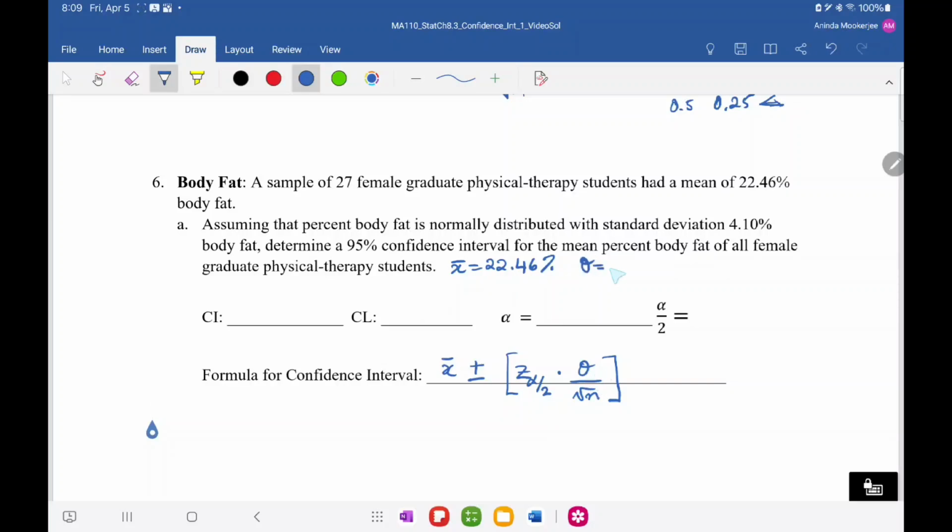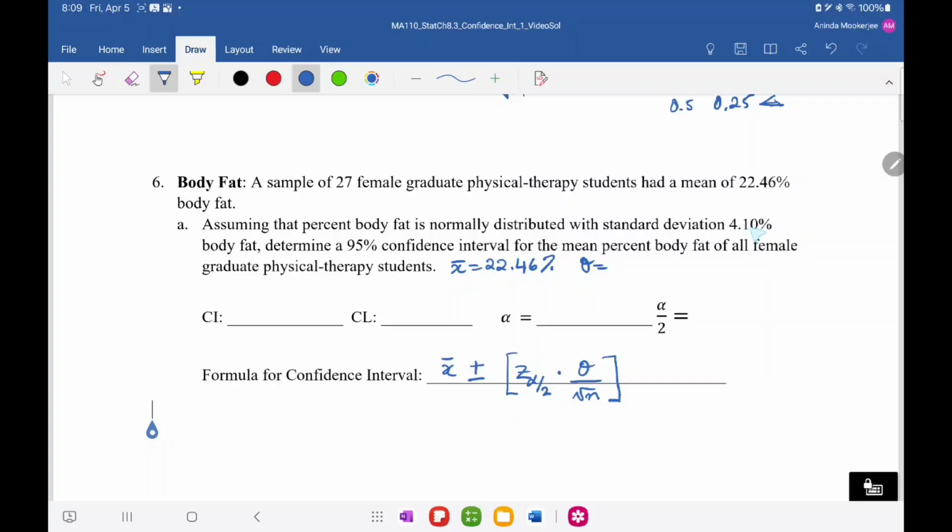So is sigma given to us? Now it doesn't say anything about the standard deviation for the 27 female graduate students, right? All they tell us is the mean of the 27 female graduate students is 22.46%. It doesn't say anything about their standard deviation rather. Now over here it says assuming that percent body fat is normally distributed with standard deviation 4.10%. So this standard deviation that they've given us is the population standard deviation.